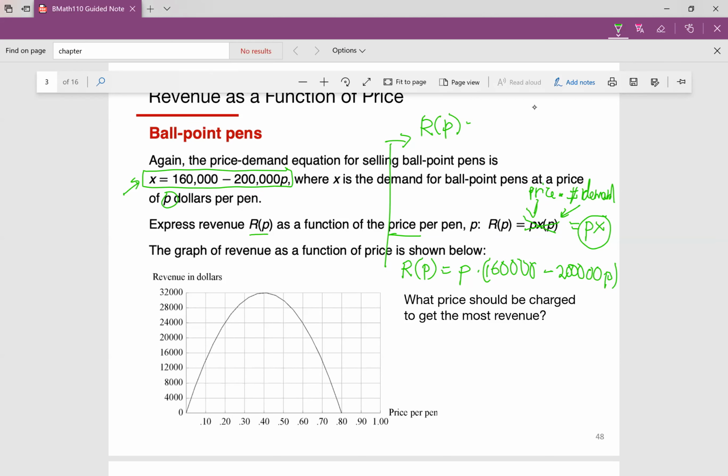R(P) will be equal to 160,000 P minus 200,000 P squared when you do the distribution. All right. So that should be the answer for expressing the revenues R(P) in terms of the price per pen P. Okay, I'm gonna circle this as the answer.